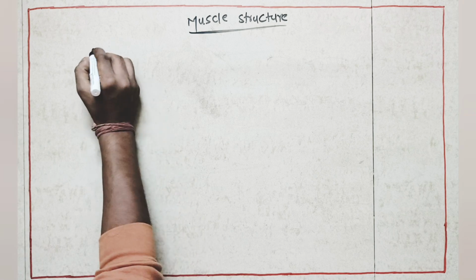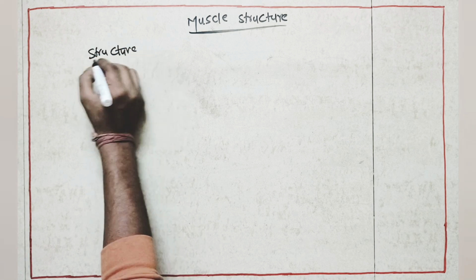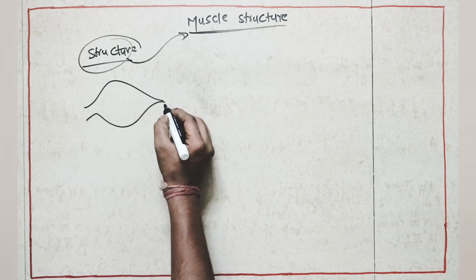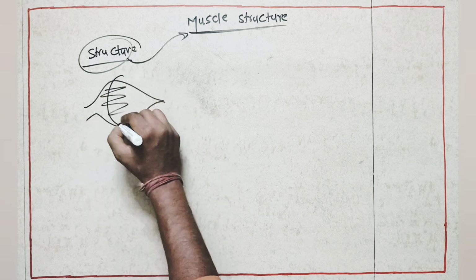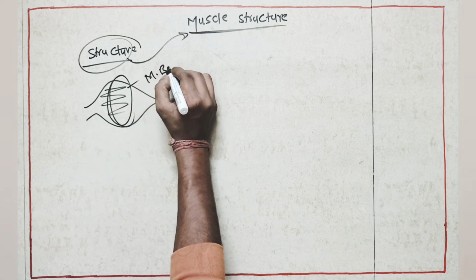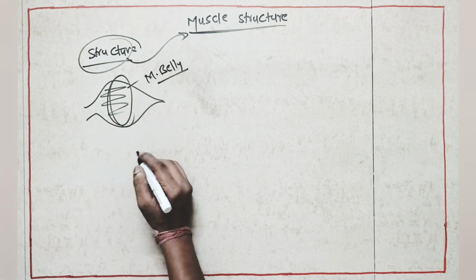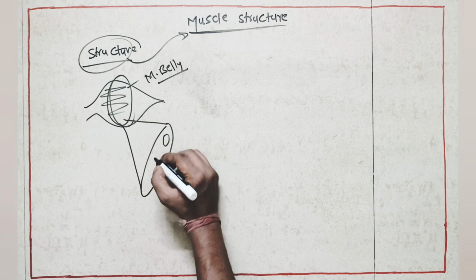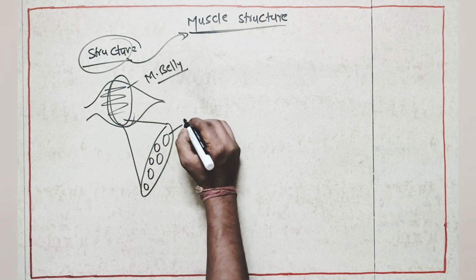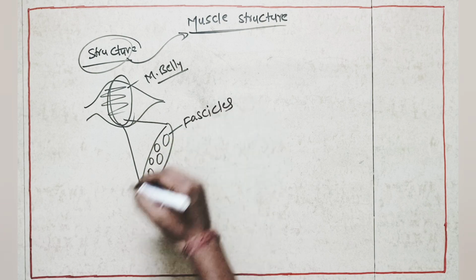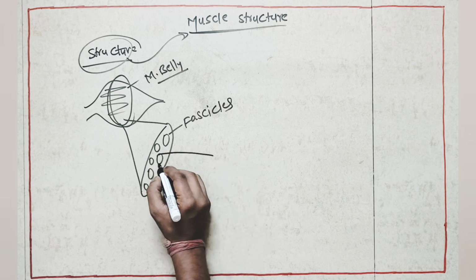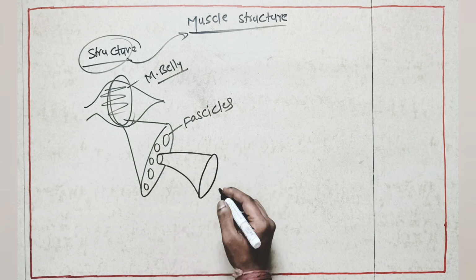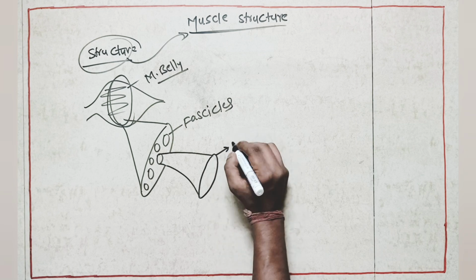Now we'll see the structure of the skeletal muscle. Suppose we take one muscle. This is called the muscle belly. The belly is composed of so many muscle fascicles. If we take one fascicle, in this fascicle we have muscle fibers.